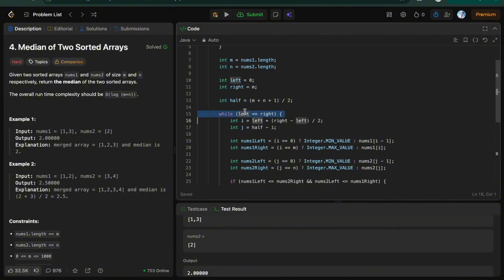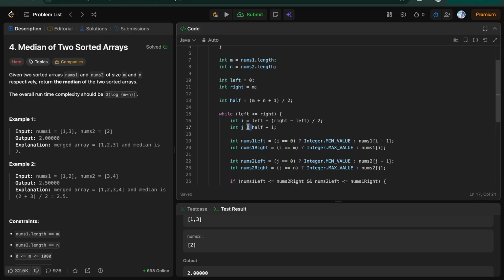Now here, this while loop is going to keep binary searching until we find the correct partition. Right here, i is the partition's position in nums1. So what we have here is, the left plus the right minus the left. Pretty simple. Like I said, it just means how many elements from nums1 go to the left side.